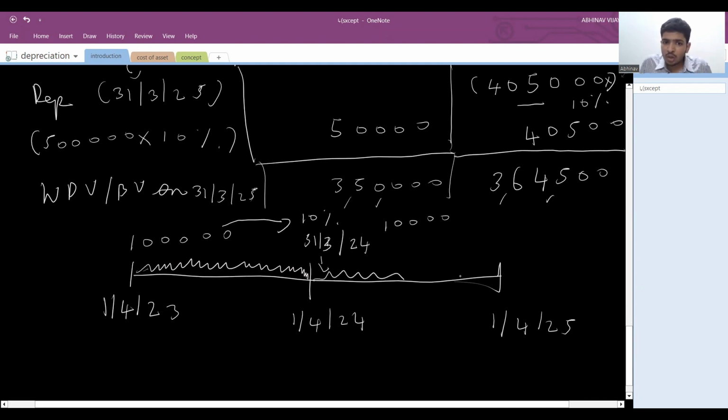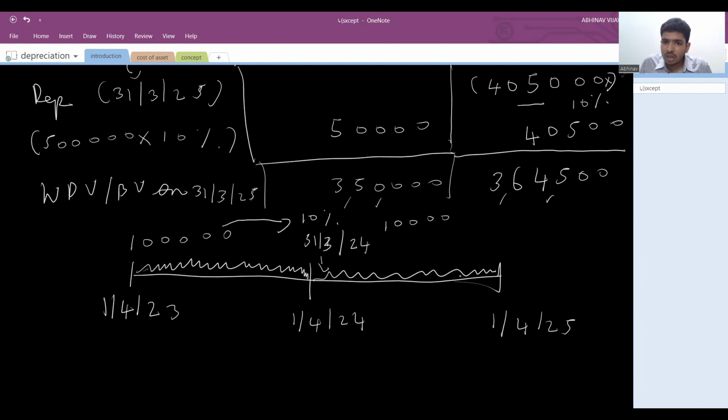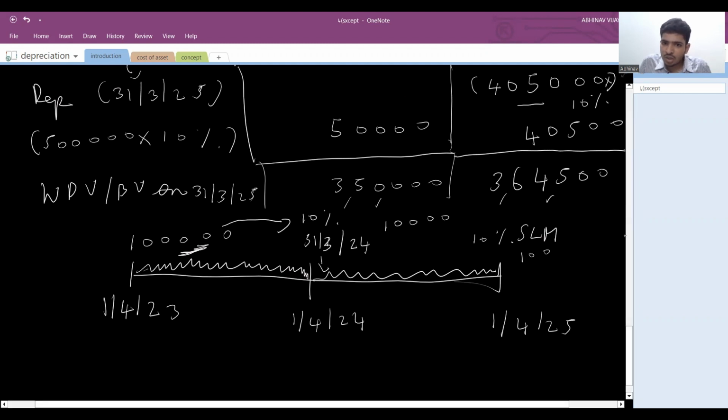But in the next year, under SLM, assuming the depreciation rate is 10%, 10% is charged on the cost of the machine, which is 10,000. But for WDV, this is where the variation is. On 1st April 2024, after charging 10,000 depreciation, the value remaining in the books, that is the book value or written down value, is 90,000 rupees.